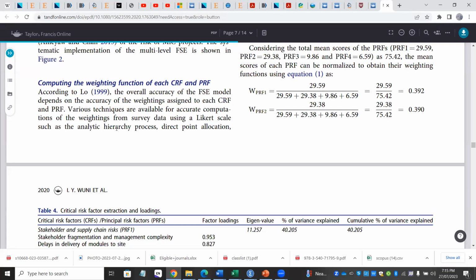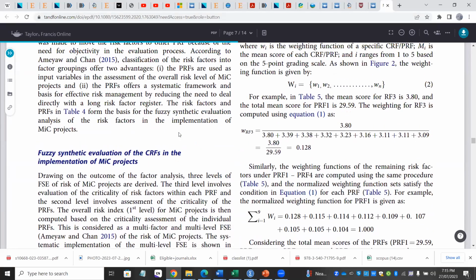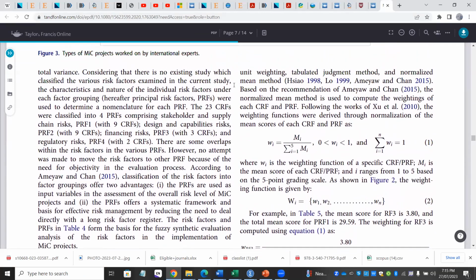You can do this by using AHP, that's the analytical hierarchy process. You can use direct point allocation. You can also use unit weighting. You can use the tabulated judgment method, and you can also use the normalized mean method. In our case, we are using the normalized mean method. In other words, we are using the mean method, I mean, the mean scores.